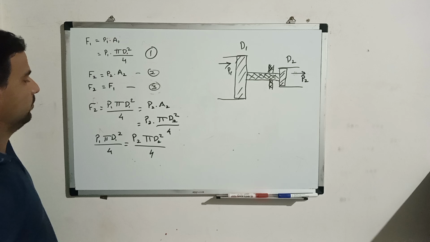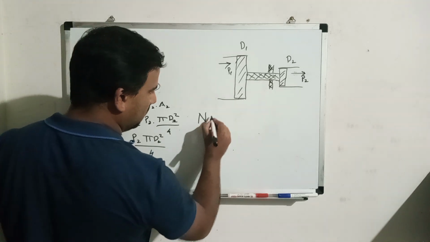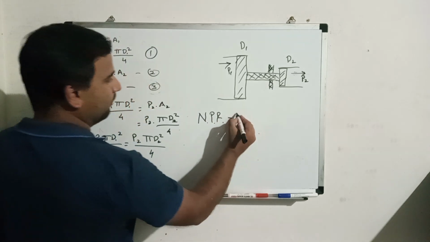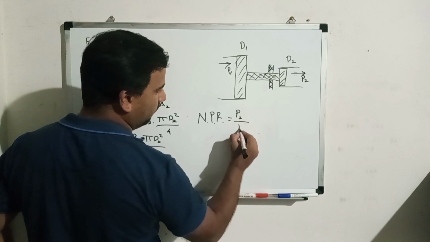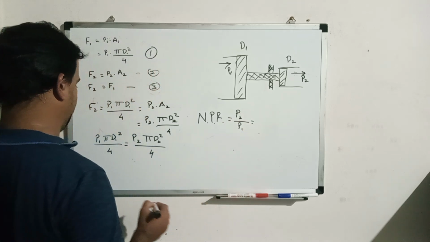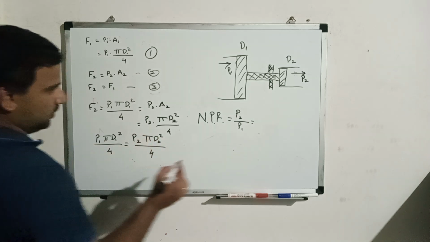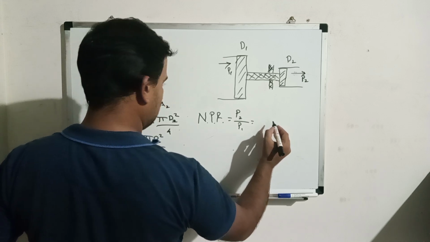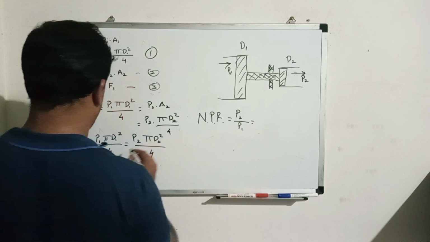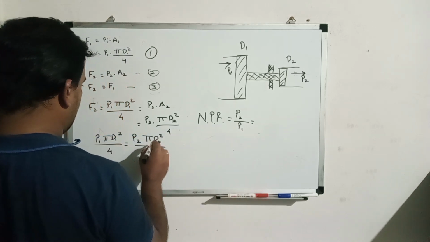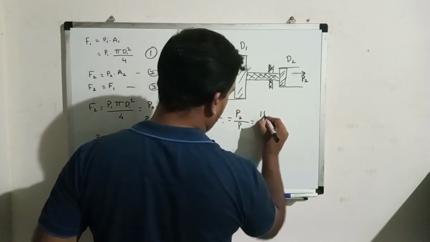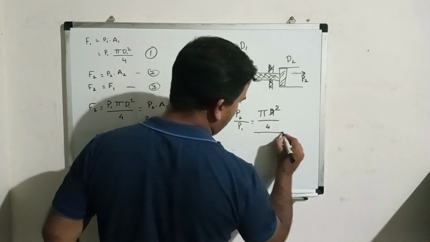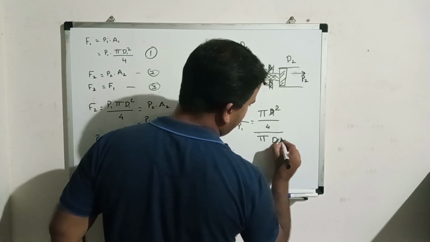What I'm trying to derive in this case is the nominal pressure ratio. Nominal pressure ratio is given by P2 upon P1, which will be equal to pi d1 squared upon 4 upon pi d2 squared upon 4.